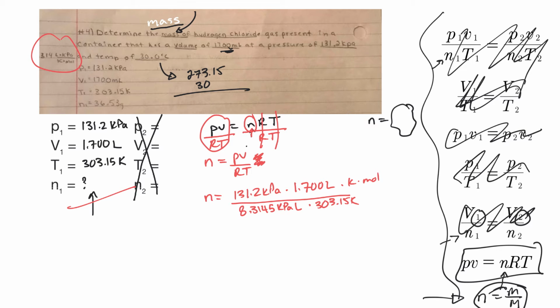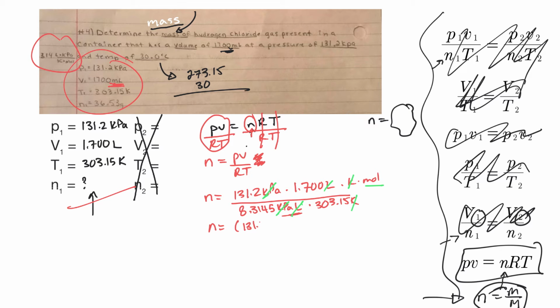Make sure you convert it to liters, because that's what our R value is in. Okay, let's cancel units. Kilopascals, gone. Liters, gone. Kelvin, gone. Left with moles, that's what I'm looking for. Life is good.